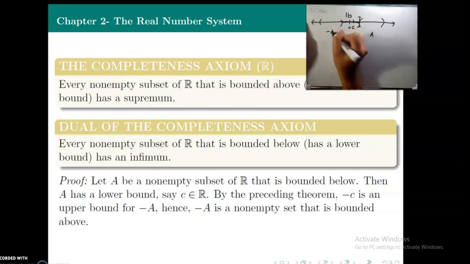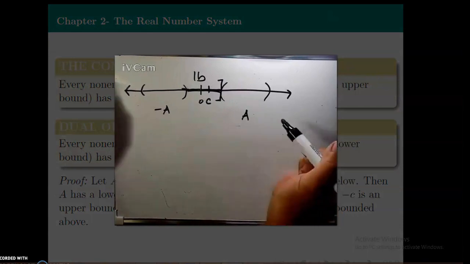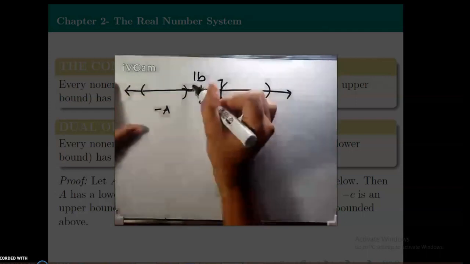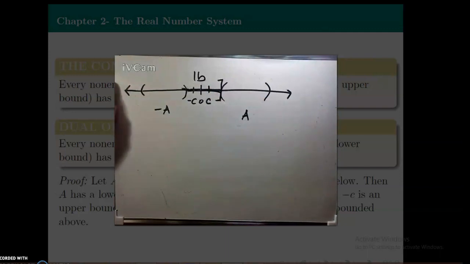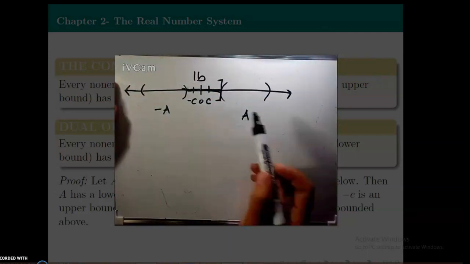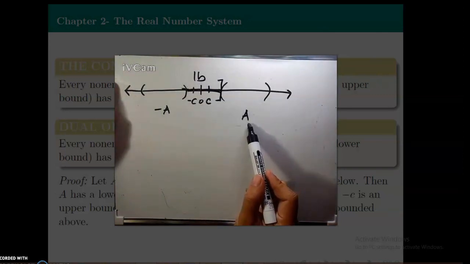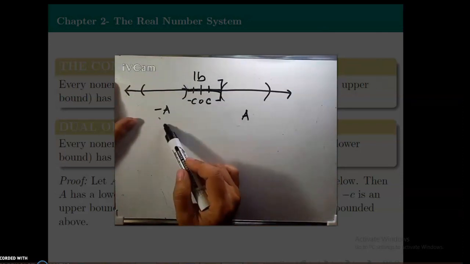This is negative A. Of course, this is our negative C. So as you can see, C is a lower bound for the set A, and negative C is an upper bound for this set negative A.